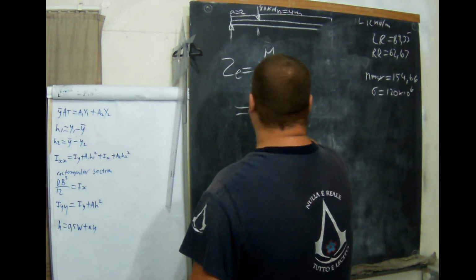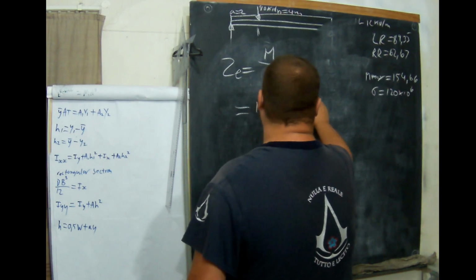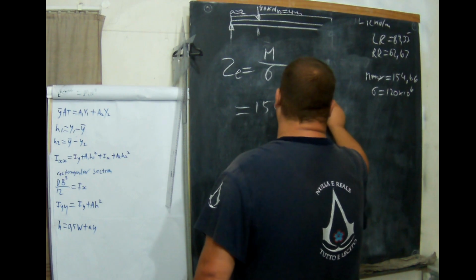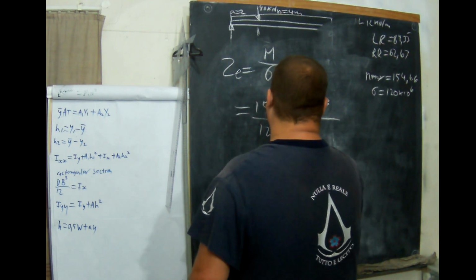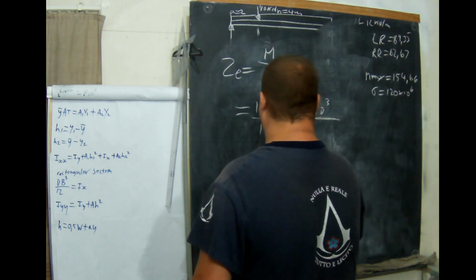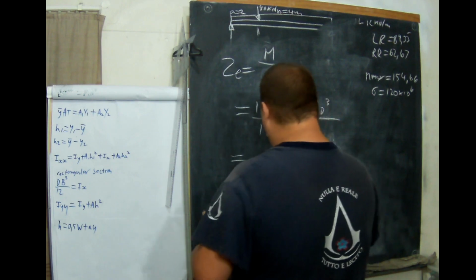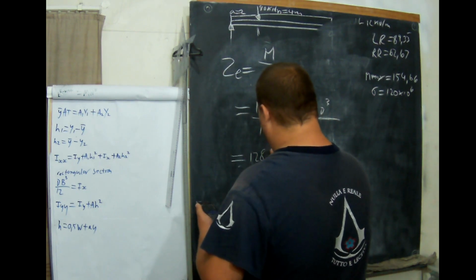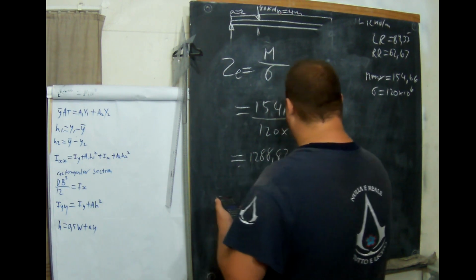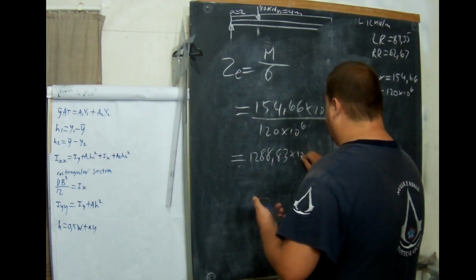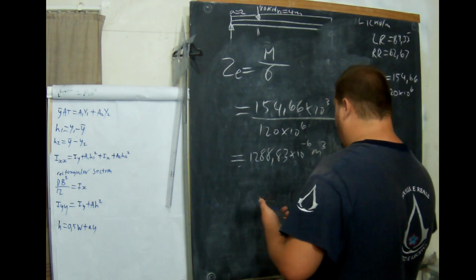So what we have is 154.66 times 10 to the 3 all over 120 times 10 to the 6 equals 1288.83 times 10 to the minus 6 meters cubed.